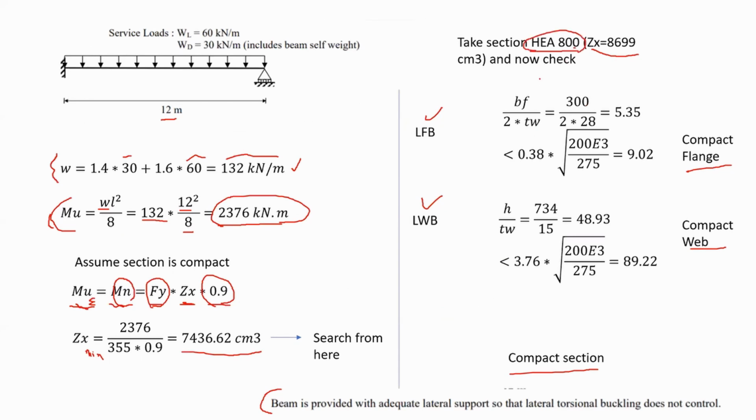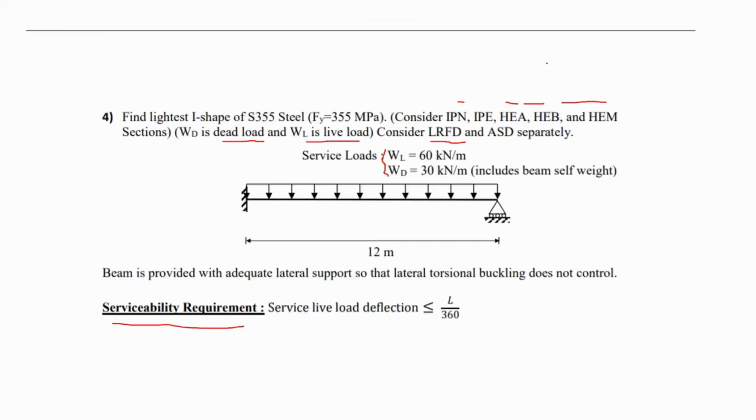In a problem like this, a design problem where it asks you for finding the lightest I-shape, you don't basically try one section and once it goes fine, you say this is the one. You're supposed to try multiple sections.